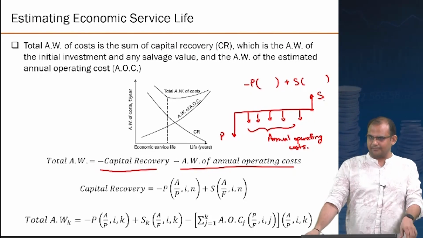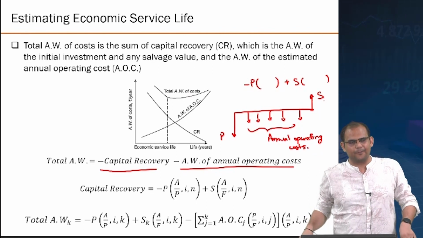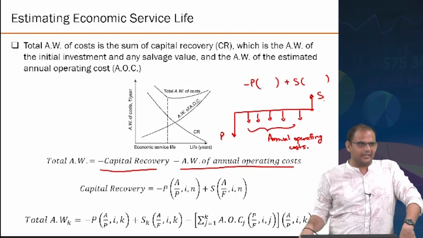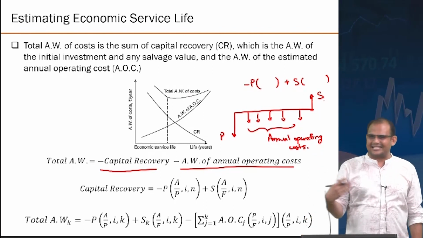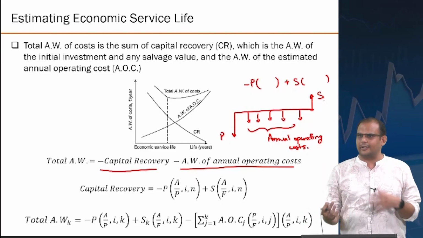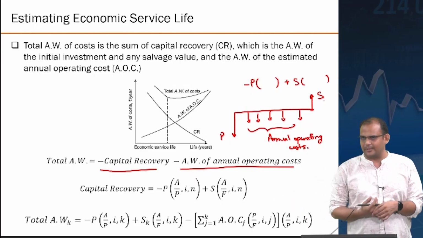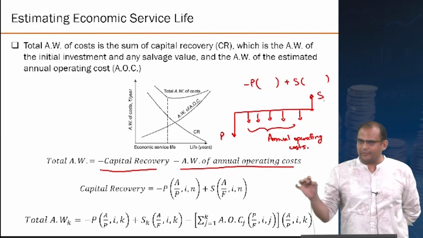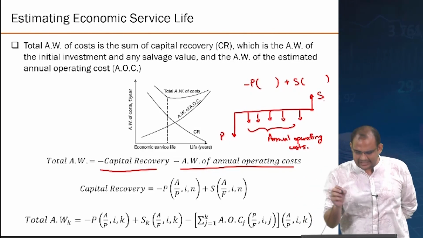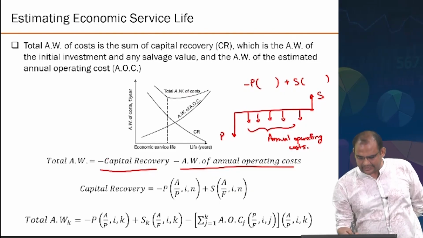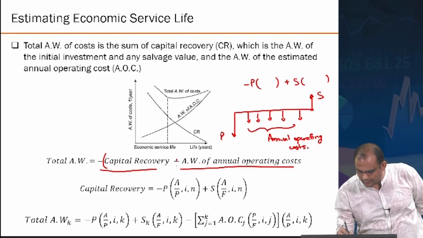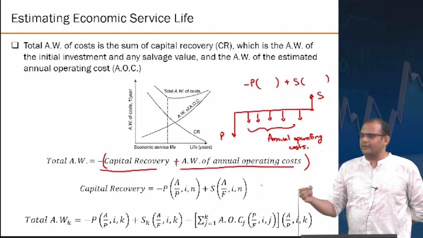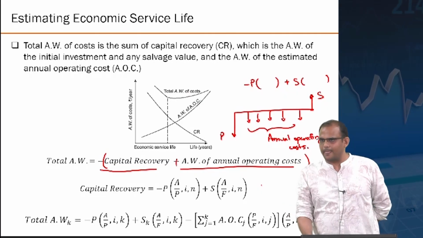We have seen this term before. What is it called? Capital recovery factor, right? This is the amount that the asset needs to at least generate in order to make this overall series a profitable one, right? So, the total annual worth of all the cost is essentially your capital recovery, if you take the cost as an outflow, plus the annual worth of actual operating costs, right?